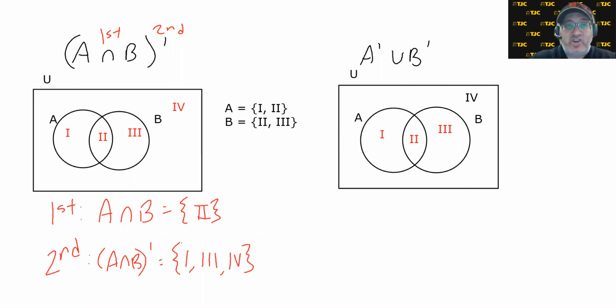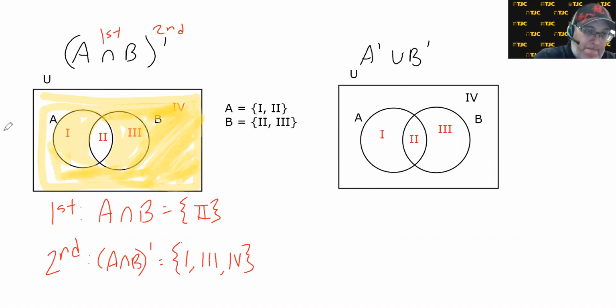Meaning that we would shade regions 1, 3, and 4. So literally everything except region 2. All right, so there's our Venn diagram for the complement of A intersect B.